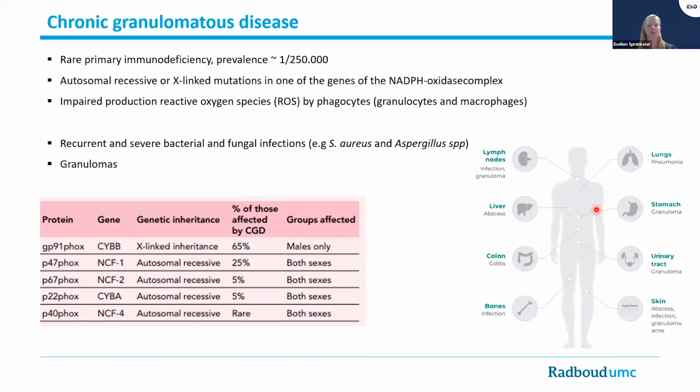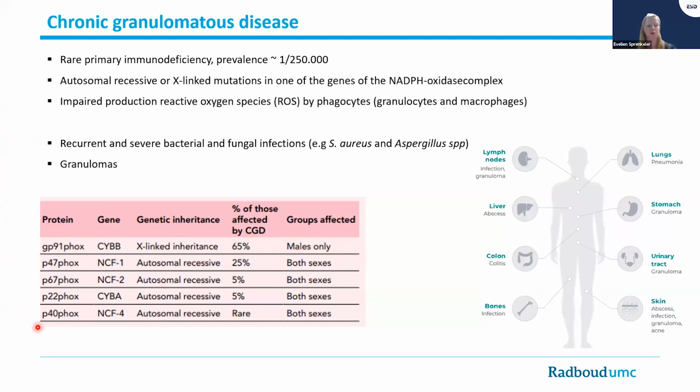Chronic granulomatous disease is a very rare primary immunodeficiency, and it's caused by autosomal recessive or X-linked mutations in one of the genes of the NADPH oxidase complex. Mutations in CYBB, which encodes gp91phox, cause the X-linked form of CGD, and this is also the most common form. 65% of the patients with CGD have this form, and males are the only ones affected, of course.